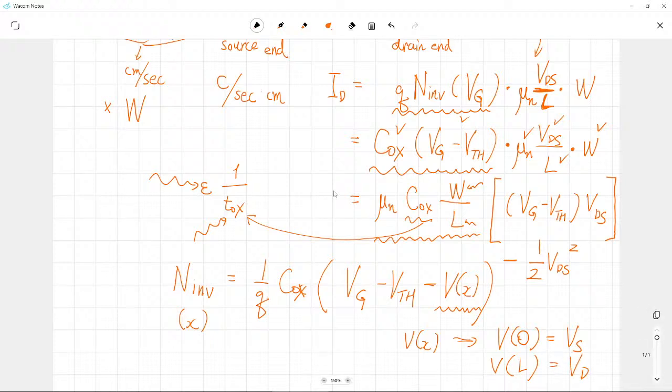In between, up to now we have no idea about what V is, the potential distribution along the channel, and just considering this expression, we can derive the expression for I sub d, the drain current.